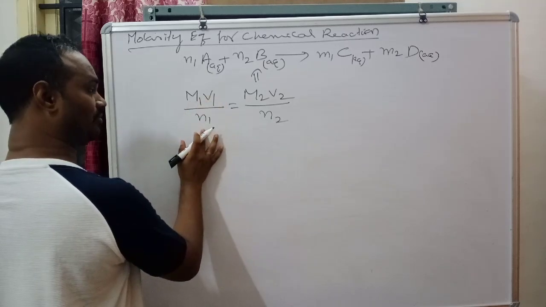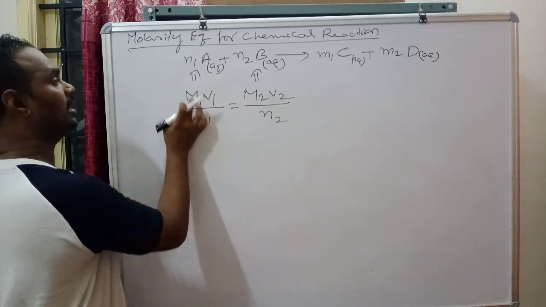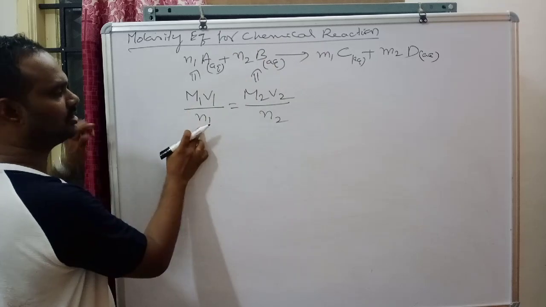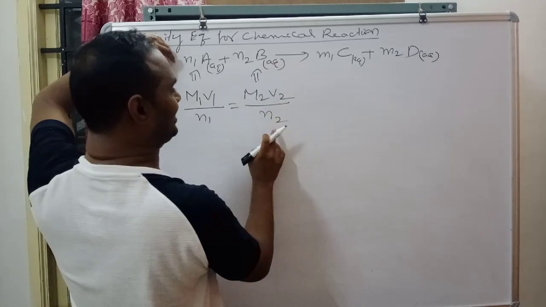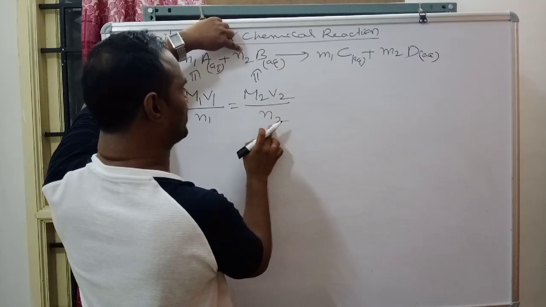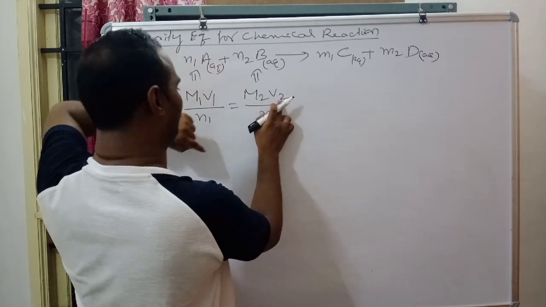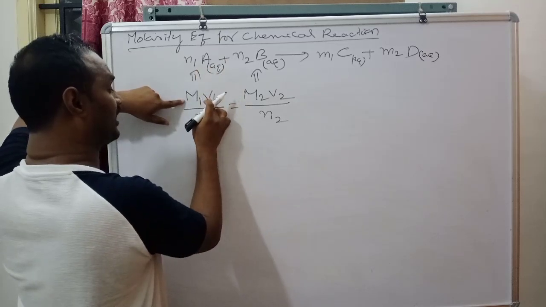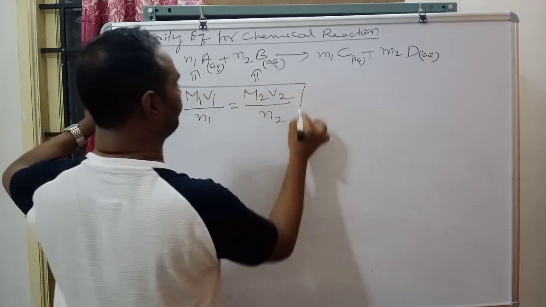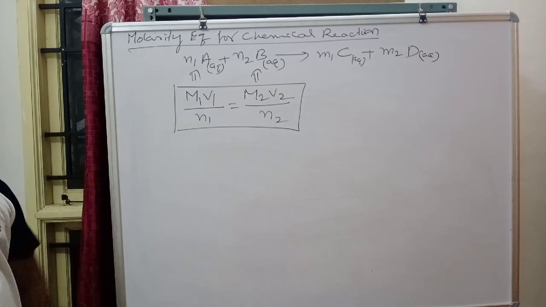In the stoichiometric equation, N1 is how many moles of A participate, and N2 is how many moles of B participate. Molarity of B is M2, volume of B is V2, molarity of A is M1, volume of A is V1. This is the formula we can generally use in redox reactions. Is that clear? Next one.